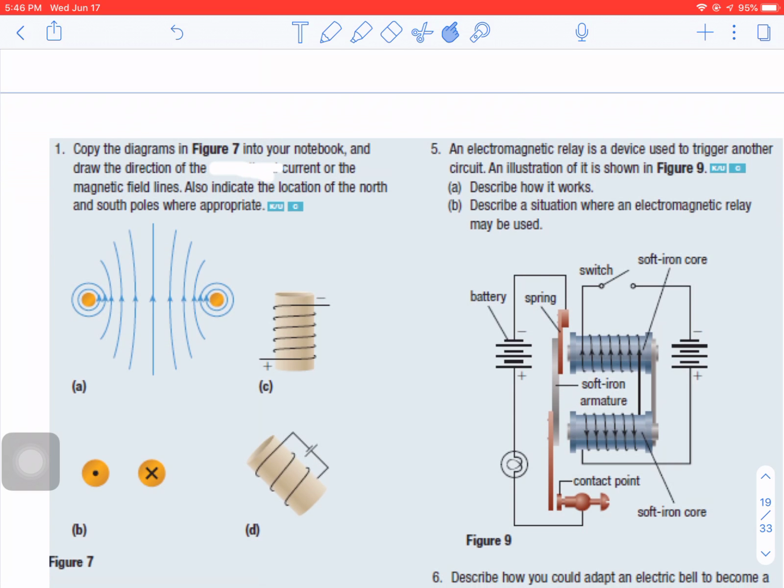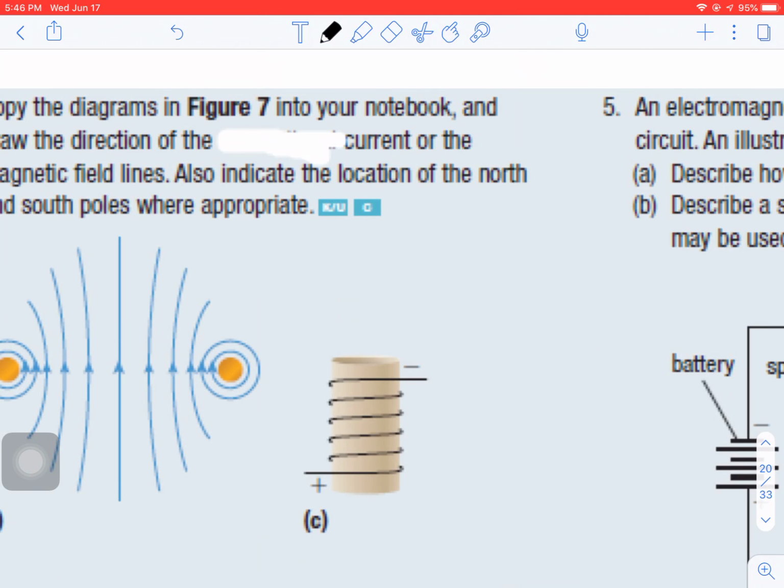Let me double check in the textbook here. Yeah, it should say conventional current.